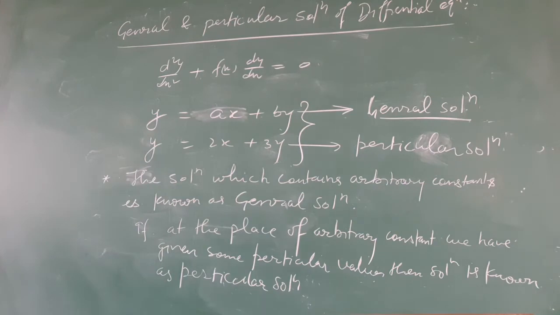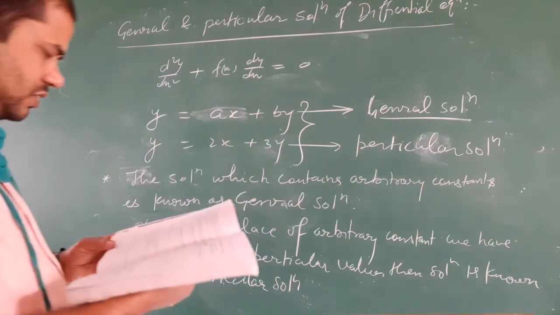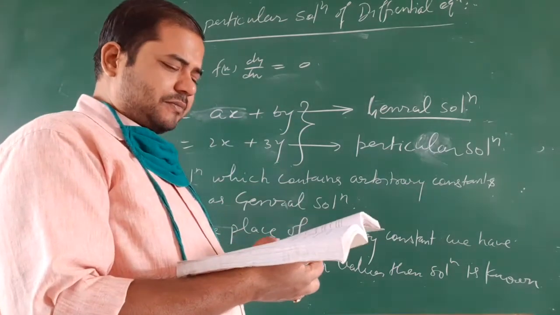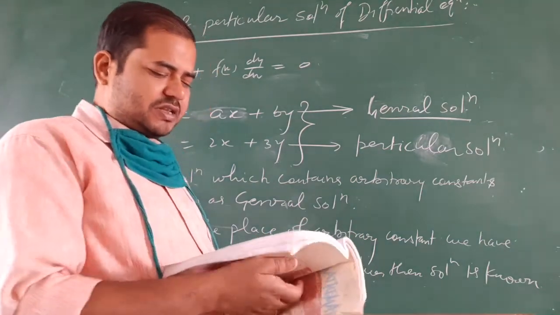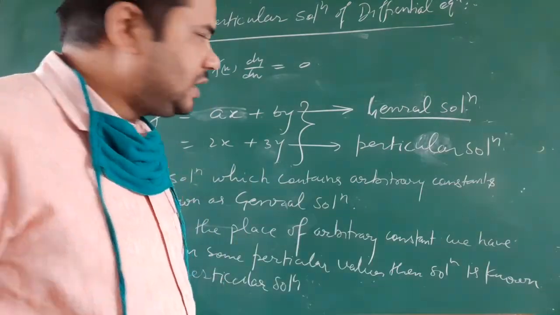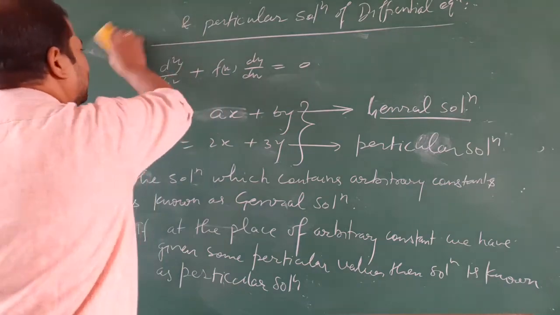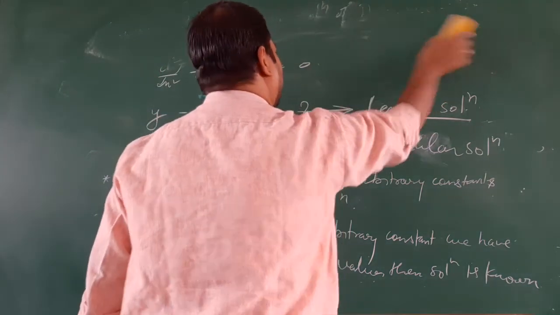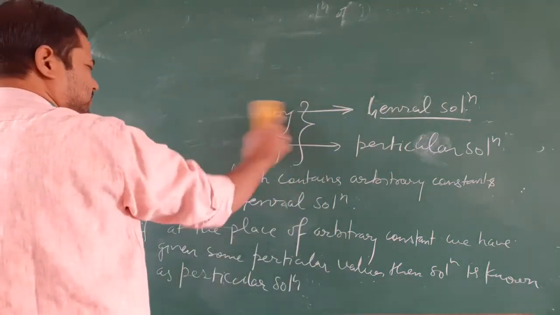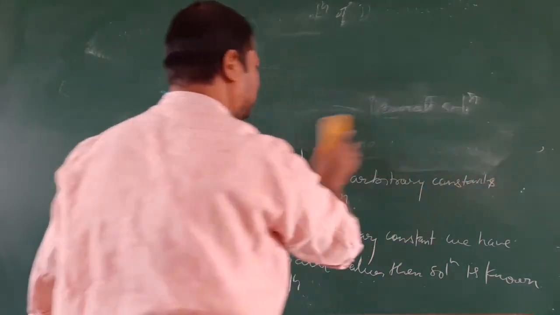So in the second exercise, we have to solve some questions where the solution is given and the differential equation is given. So you can find whether the given solution is the solution of a differential equation or not.